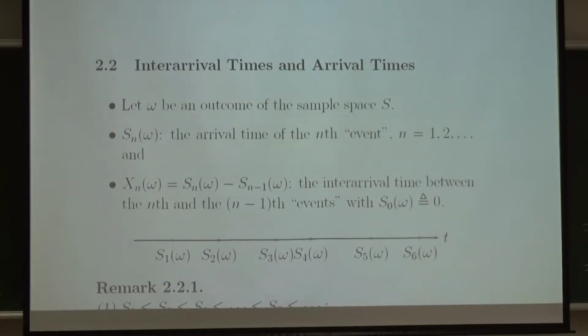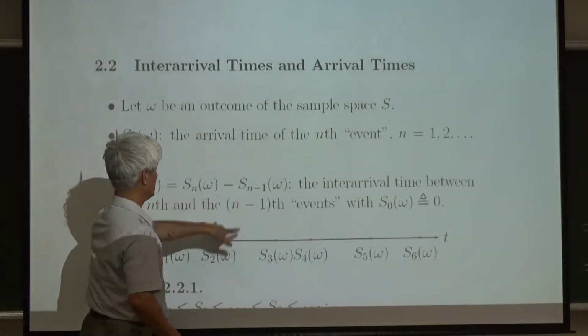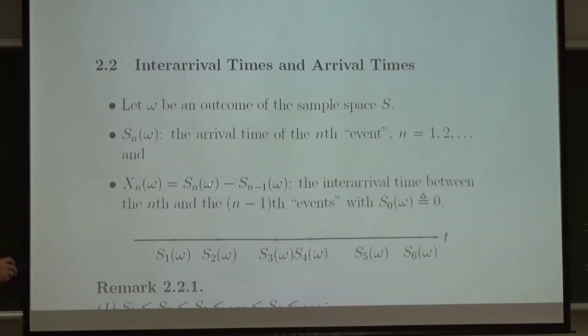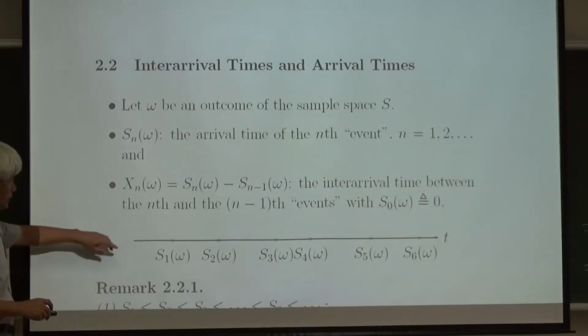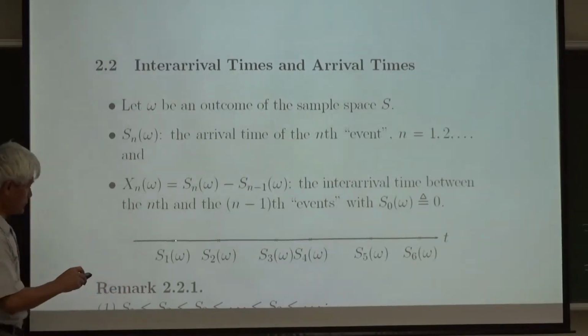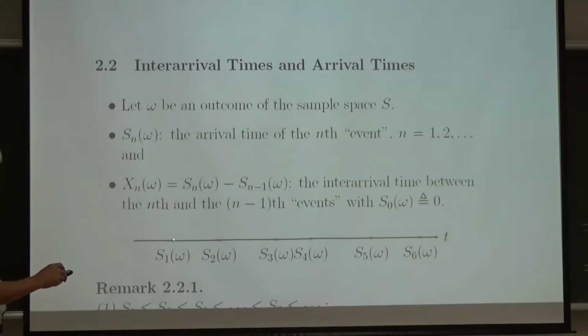And we define the difference between the arrival time of the nth event and the arrival time of the (n-1)th event. You can see that the difference becomes the so-called inter-arrival time between the nth and the (n-1)th event. S1 can be thought of as the inter-arrival time from the 0th event.